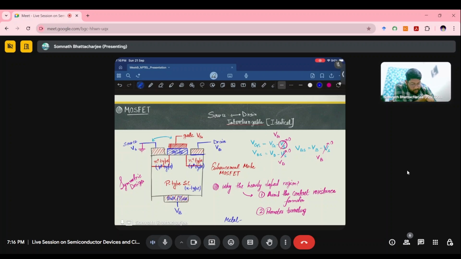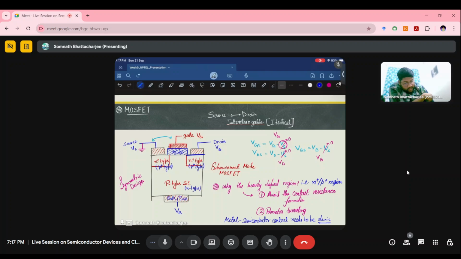This metal semiconductor contact needs to be ohmic, right? But in reality it is not ohmic. This is a Schottky barrier, and although it looks like an ohmic structure, it is a Schottky one, and because of that we need to reduce the contact resistance. This is also to promote tunneling, and that is why it is either an N plus or a P plus region.